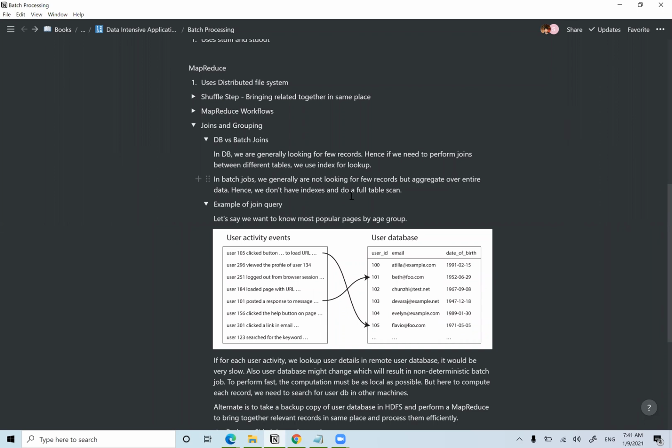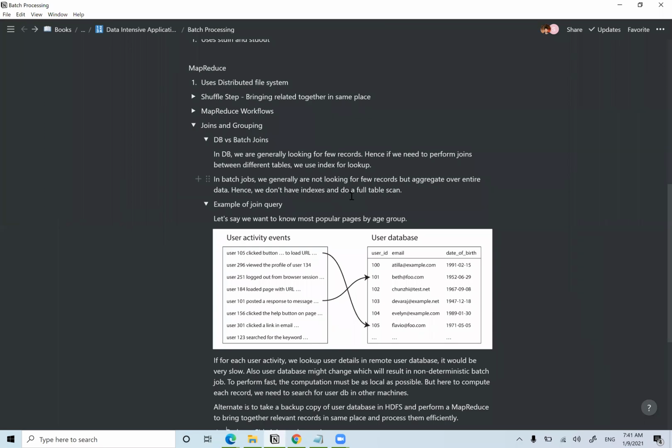In a database, generally when you query and perform a join, you perform the join only on a few records. Let's say you're looking for this user ID in the users table, and then you find his friends in the friends table.